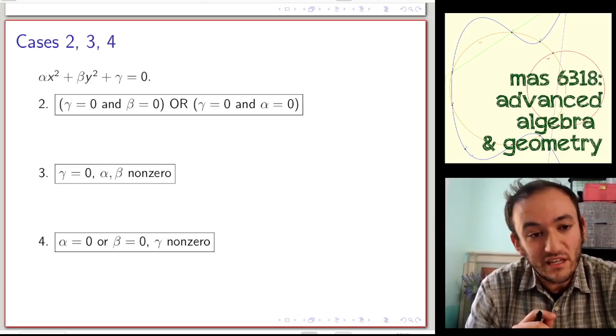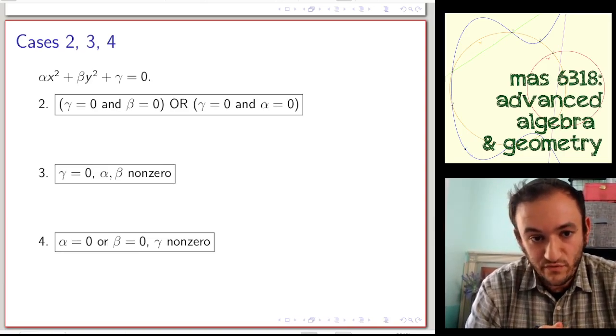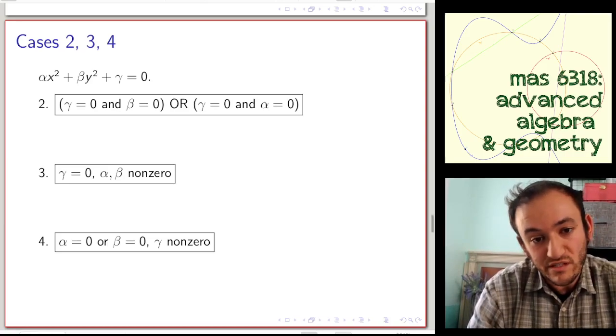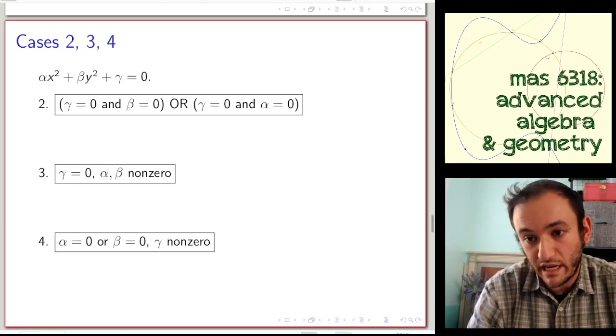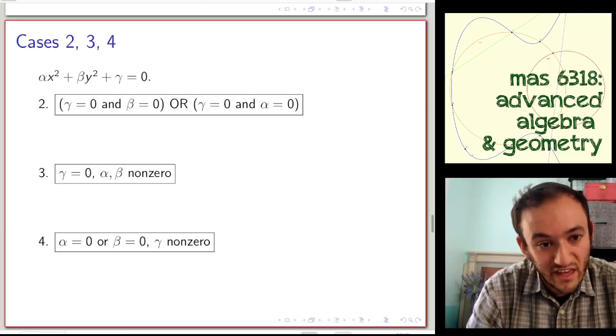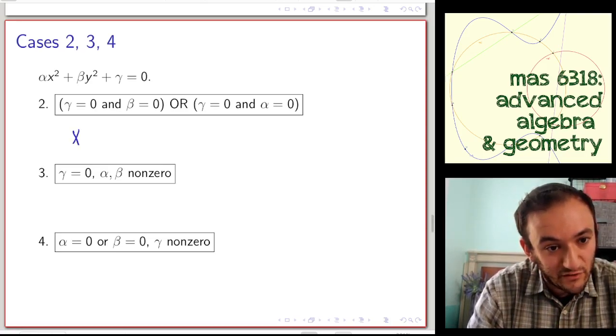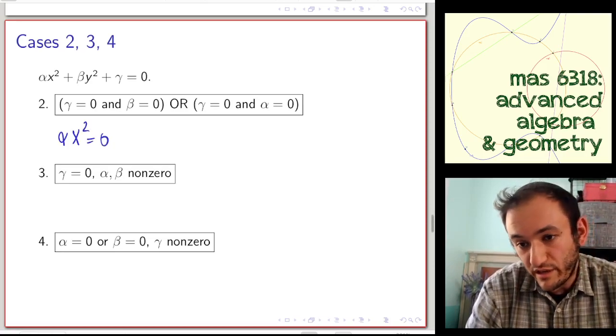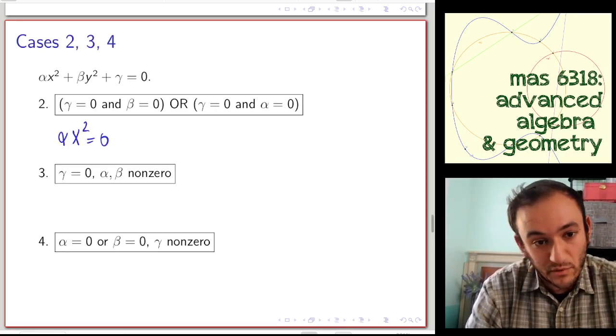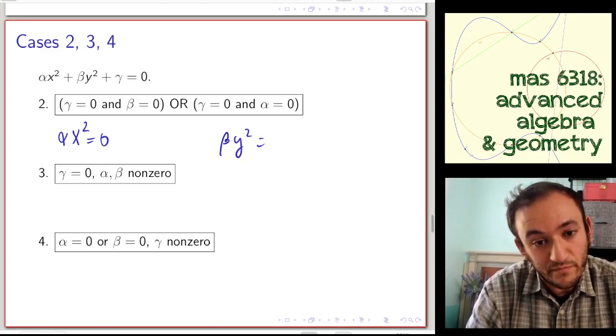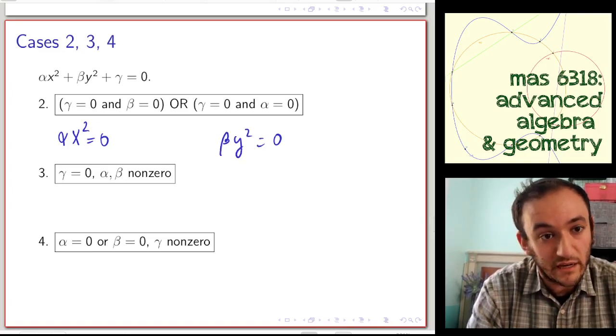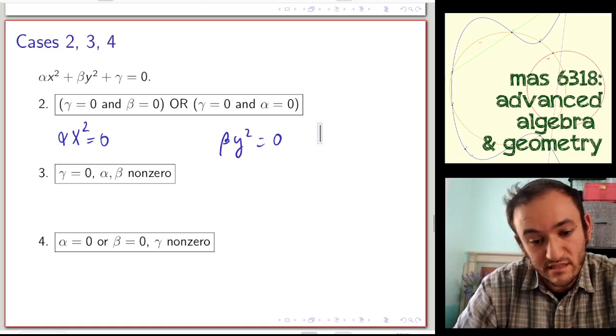If we have gamma equals 0 and beta equals 0, or gamma equals 0 and alpha equals 0, we're going to find ourselves with a double line. If gamma equals 0 and beta equals 0, we have alpha x squared equals 0. That just means we're looking at the line x equals 0 as a double line. Similarly, if gamma equals 0 and alpha equals 0, then we have beta y squared equals 0, which means we're looking at the double line y equals 0. So these are double lines.